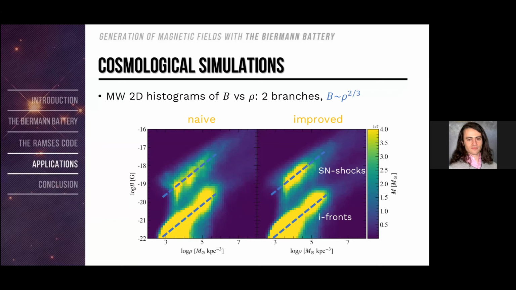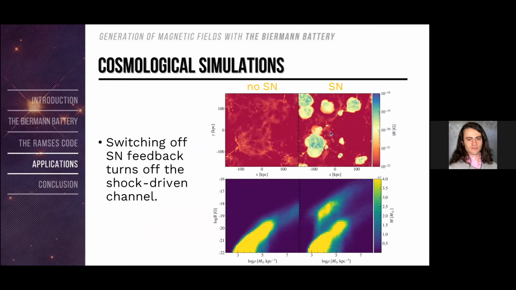Okay, and in order to assess that this high branch is indeed a byproduct of supernovae, we did a control simulation where we deactivated supernova feedback. And the result speaks for itself. Switching off the supernovae indeed turns off the shock-induced channel, which owed its high field value to the enhanced temperature in the hot supernova-generated bubbles.